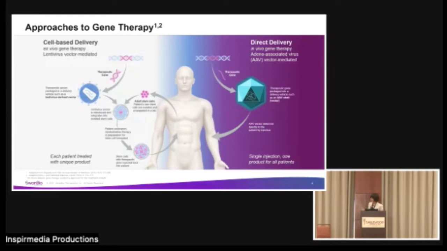As he described, the ex vivo, or cell-based delivery, involves taking cells from the patient, modifying them, and then putting them back into the patient, where the direct delivery form, you can deliver the gene therapy itself directly into the patient's body. And so that's what I'm going to focus on, and I'm going to go in a little more depth as to exactly how that works or how we believe it works.